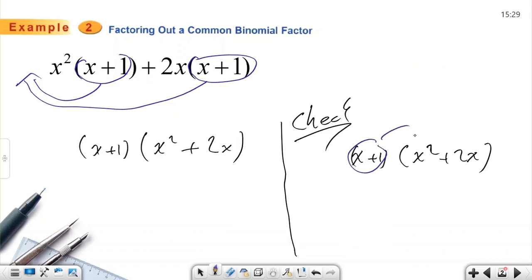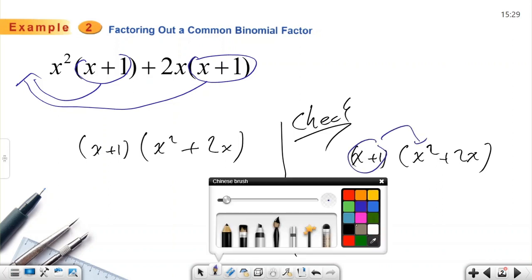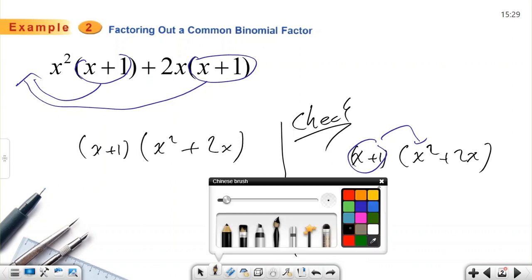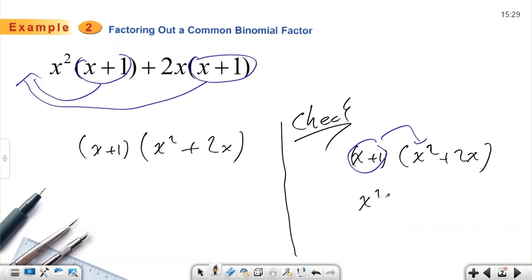I'm going to multiply by x squared first, so it becomes x squared multiplied by x plus 1. Then x plus 1 multiplied by positive 2x becomes positive 2x multiplied by x plus 1. So I get the same thing, so I did it correctly. So you can factorize by a binomial factor. As you see, there is an algebraic expression as a factor, and you can factorize by it.